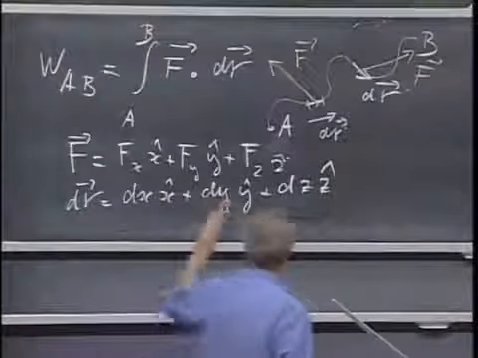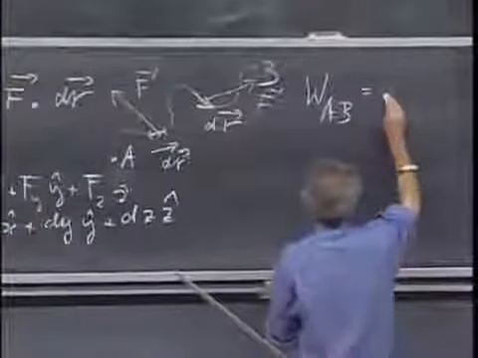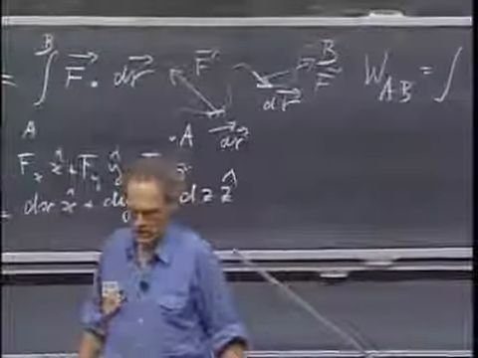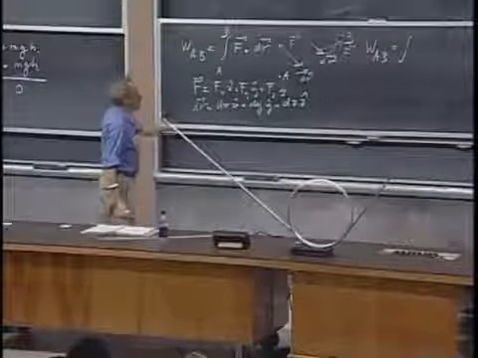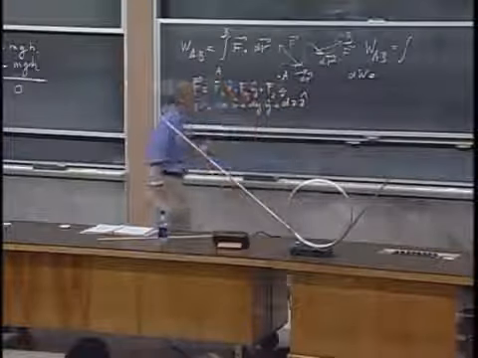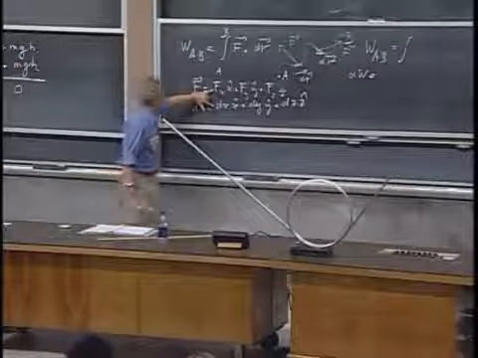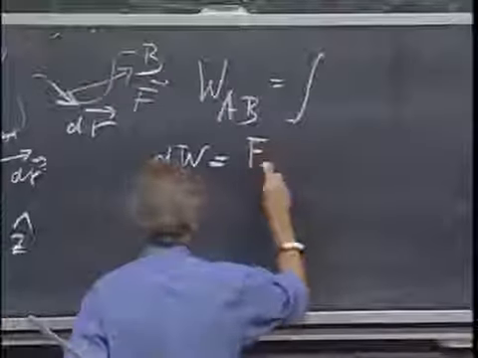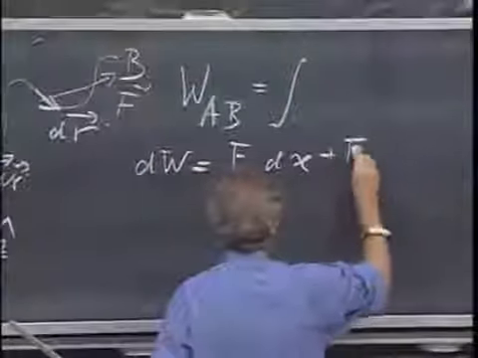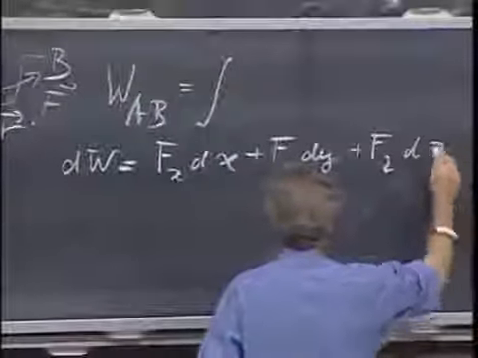So the work that this force is doing when it moves from A to B is the integral of this F dot dr. Let's first take a small displacement over dr, then I get dW, that is simply fx times dx, it's a scalar, because this is a dot product, plus fy dy plus fz dz.